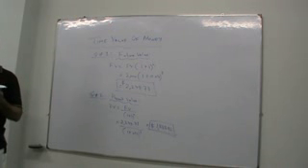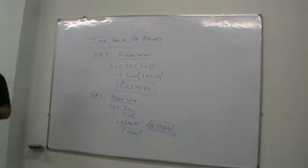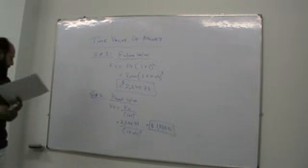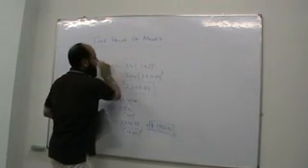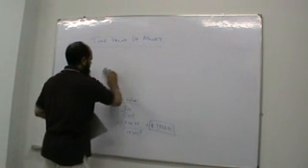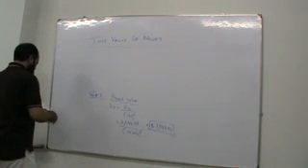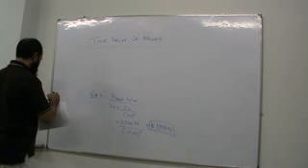Okay, so these two were pretty easy questions. Question number 3. Question number 3 is about future value of an ordinary annuity.